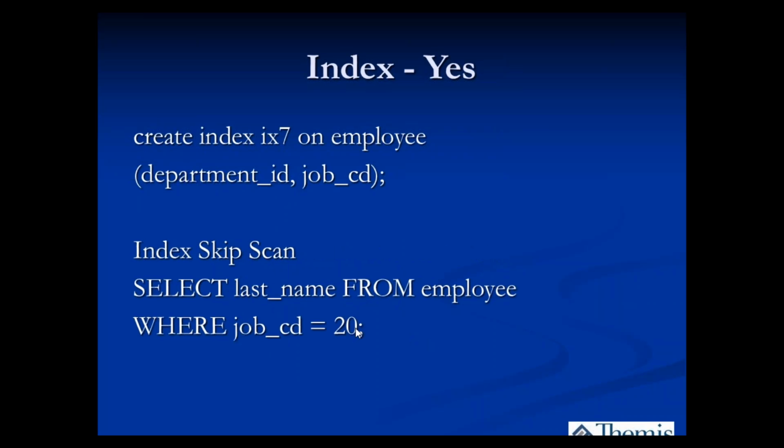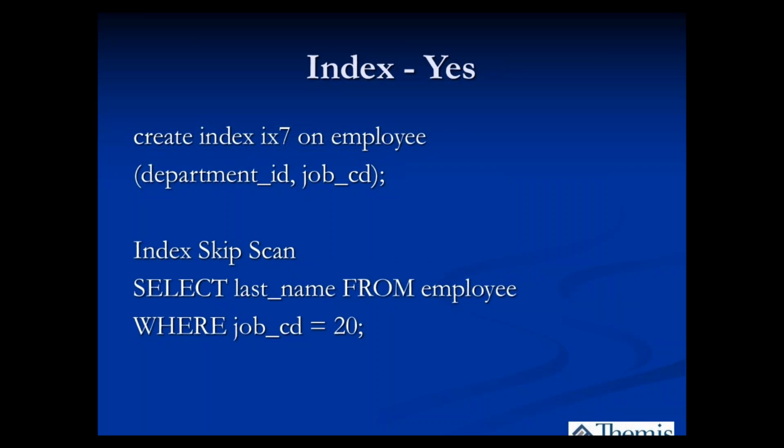But what if we look at this second example here, the same index on department number and job, but in our query we don't reference the leading column? Way back in Oracle 9i, Oracle came up with a feature called index skip scan, and sometimes it works and sometimes it doesn't.